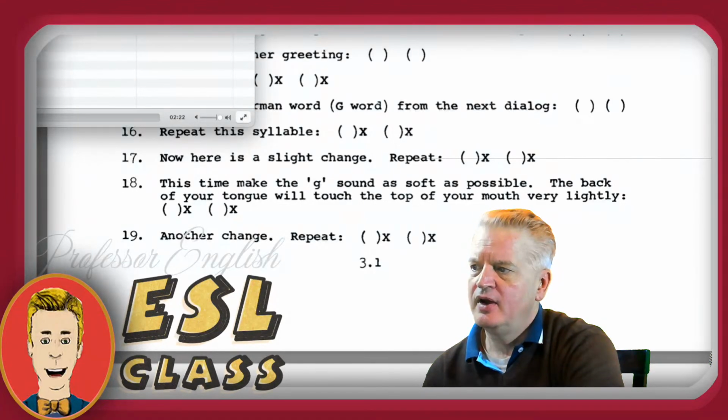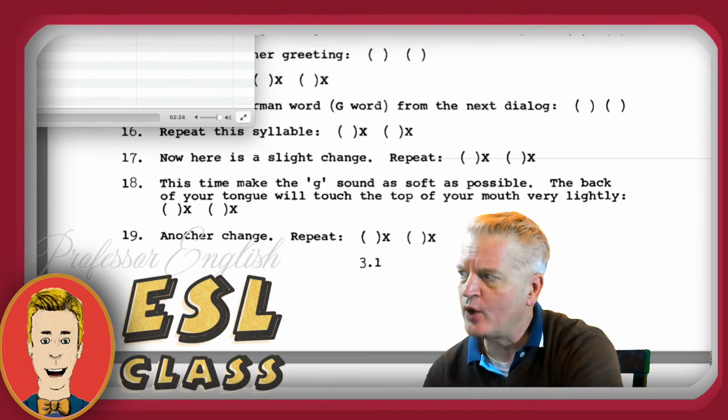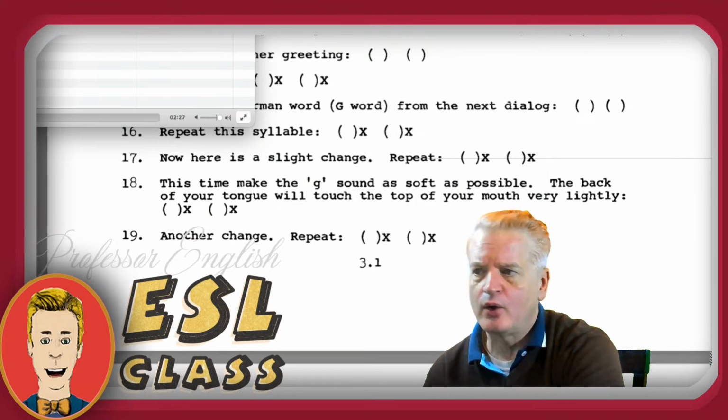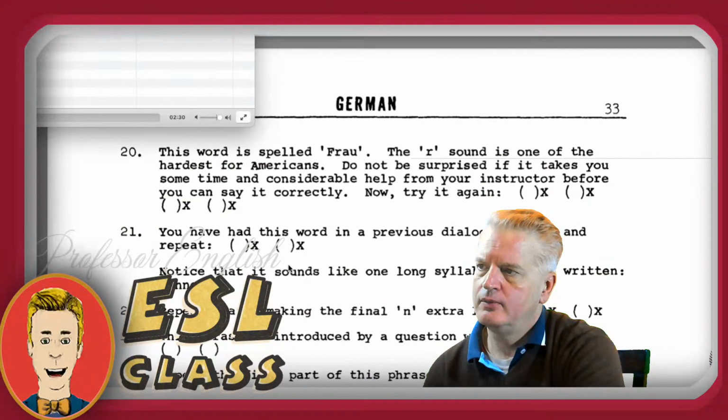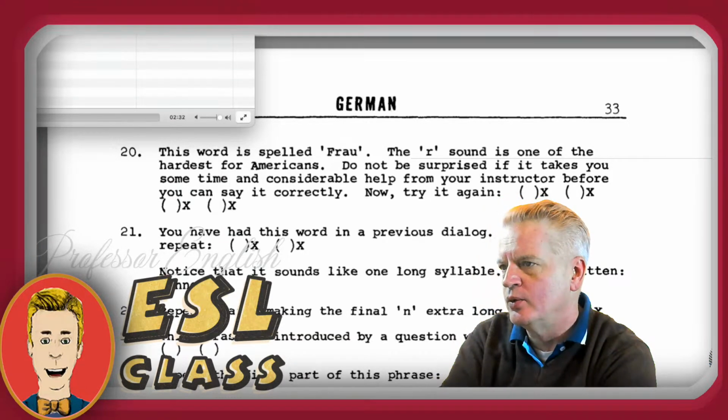19. Another change. Repeat. Frau. Frau, Frau. 20. This word is spelled F-R-A-U. The R sound is one of the hardest for Americans.